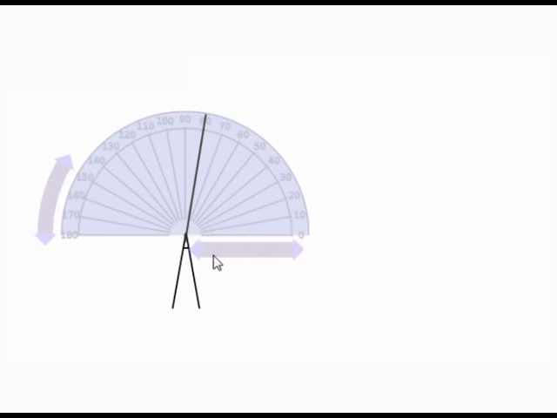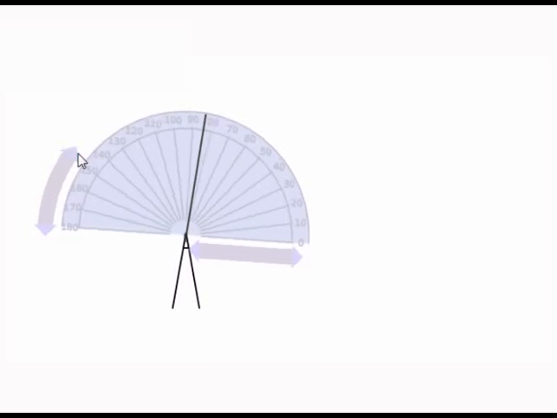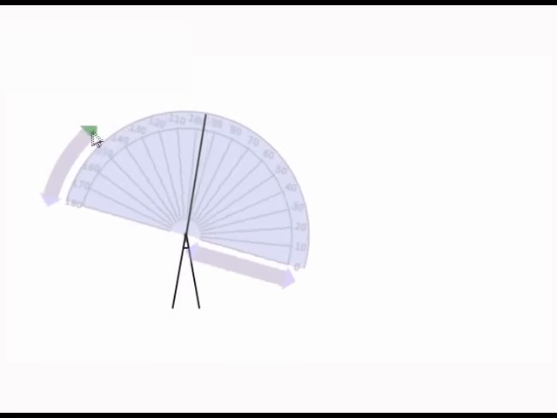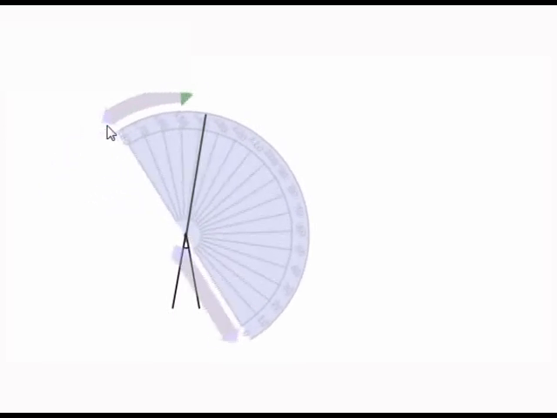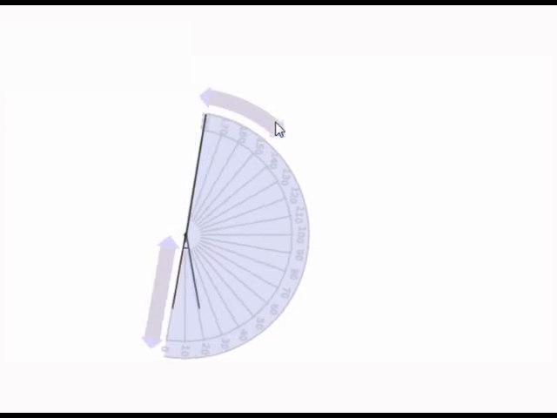So this zero line should be on this line. So let's rotate. Alright, that looks just okay. So the baseline is on one of the lines, and the other line is in the protractor. So if I read that, the angle looks like 20 degrees.